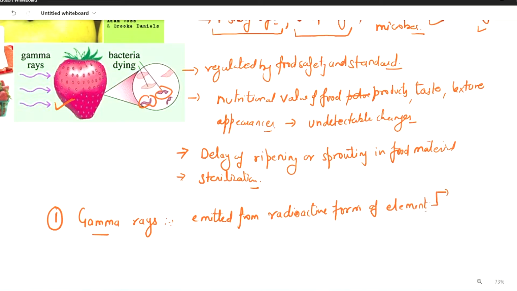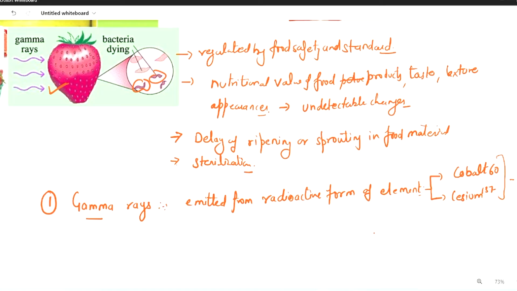That could be cobalt 60, or it could be the element cesium 137. They are used in the food industry for irradiation, and from this radioactive source, the gamma rays are produced, and these gamma rays pass through the food material where they target the pathogenic microbes.